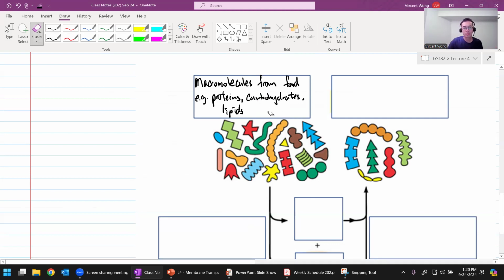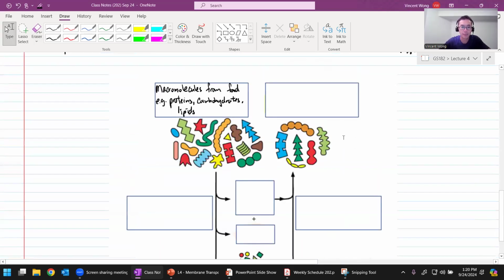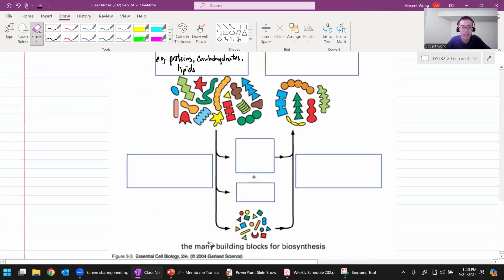But these are macromolecules. After you eat and consume them, you will have to break them down into the many building blocks that they're made up of. These include things like amino acids, some glucose, some glycerol, fatty acids, and whatnot. All these are building blocks that can be used for biosynthesis.